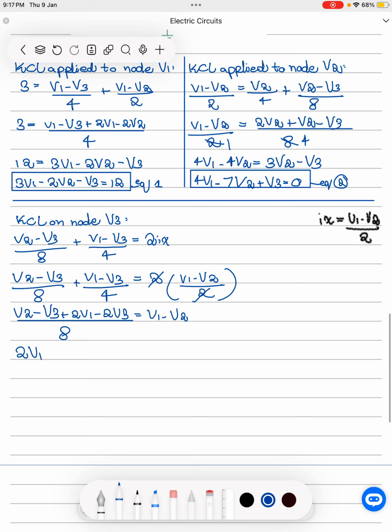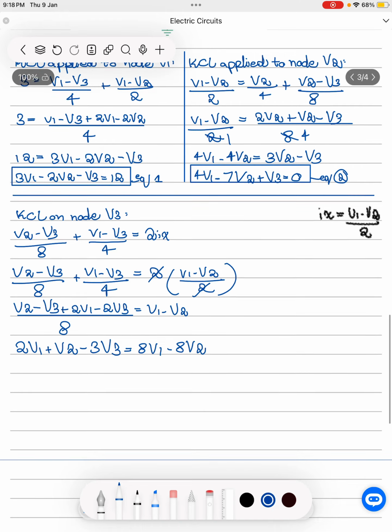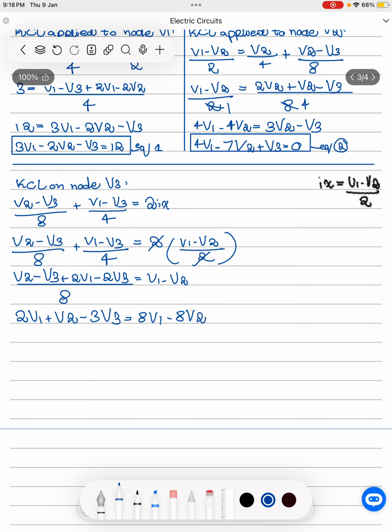This would become 2V1 plus V2 minus 3V3 equals 8V1 minus 8V2. Simplifying more, this would become 6V1 minus 9V2 plus 3V3 equals 0. This is the final result of equation 3.